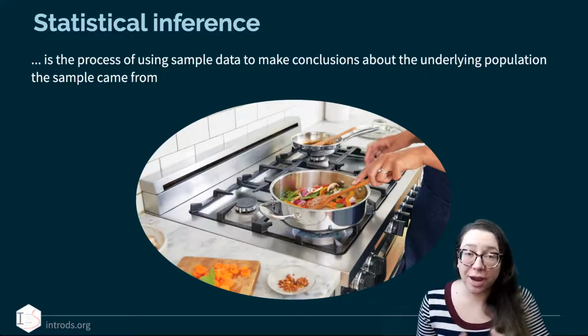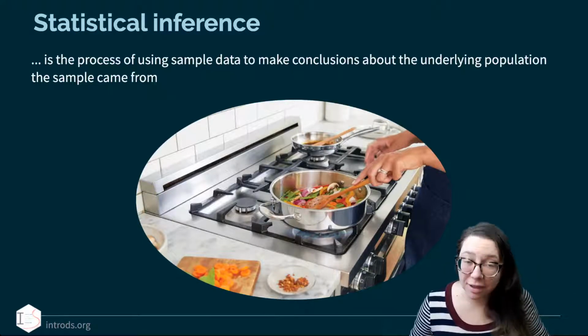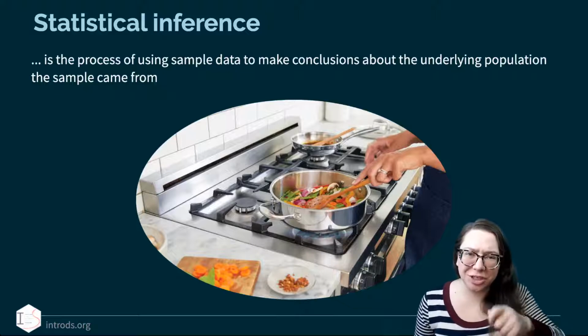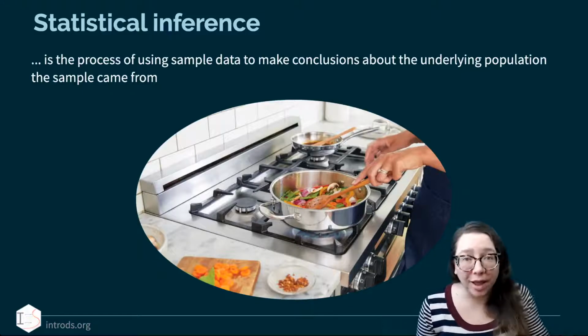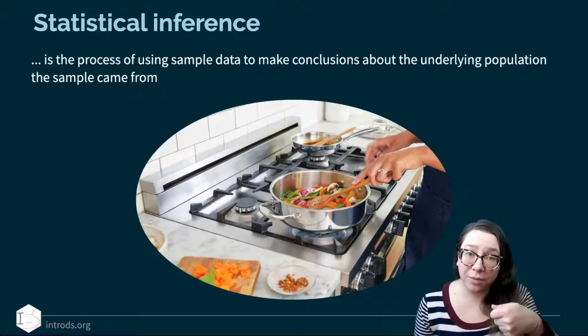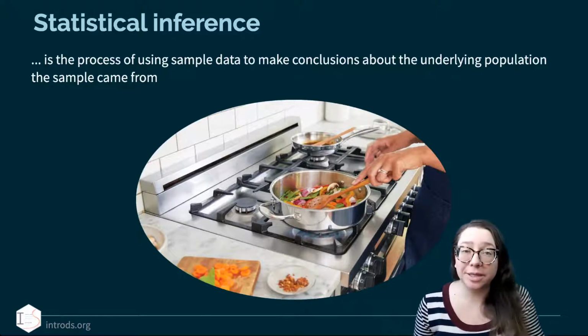To carry forward on this analogy, if you were to chop up your veggies, pour some water, and never mix anything, and then taste just the water sitting on top, that's not really going to be representative of what your soup is going to ultimately look like. So usually we stir the pot really well so that the sample we're tasting is representative of the whole pot.